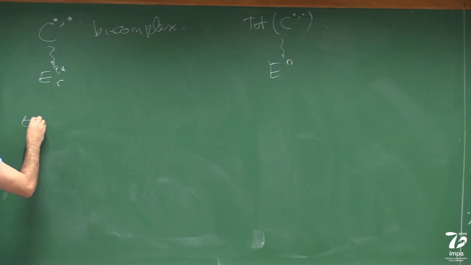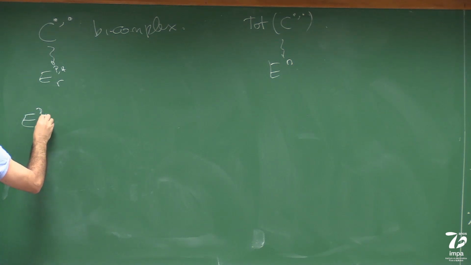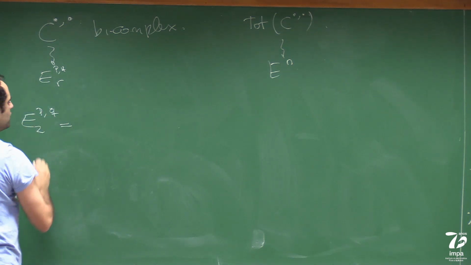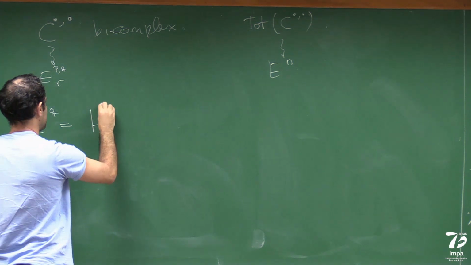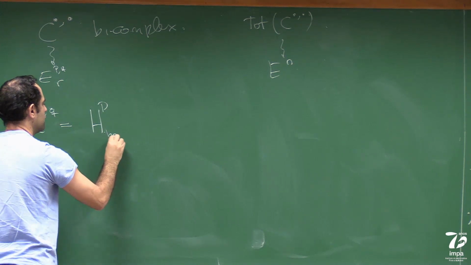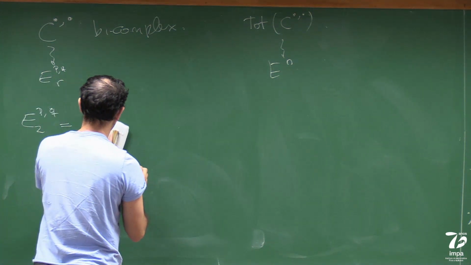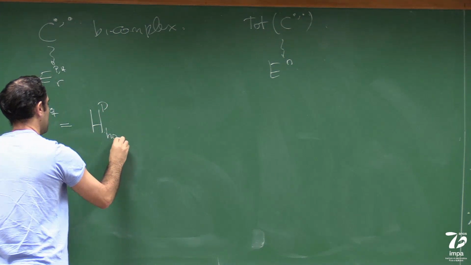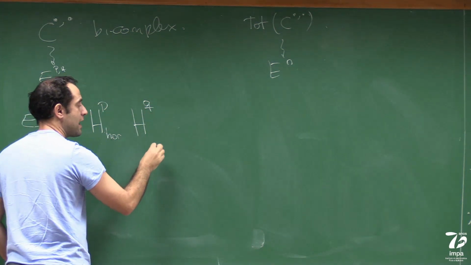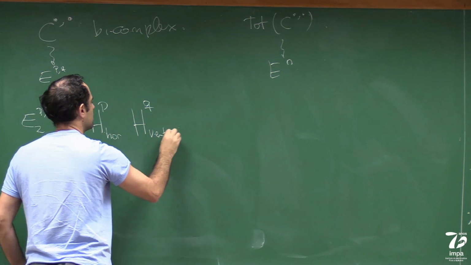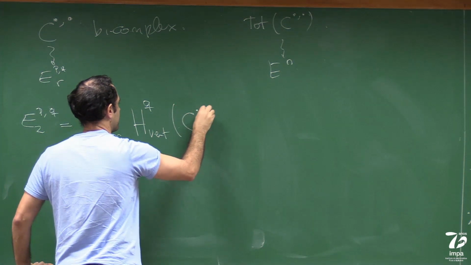So E2 of PQ is going to be given by the homology H_P in the horizontal direction of the homology H_Q of the vertical direction of this bicomplex.